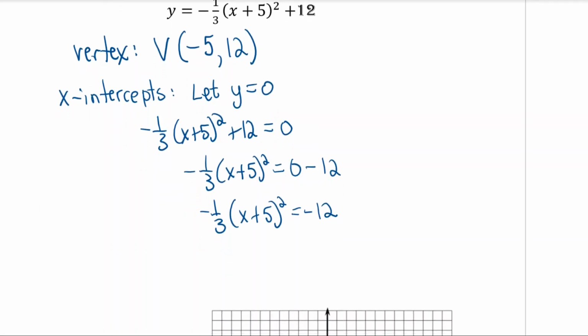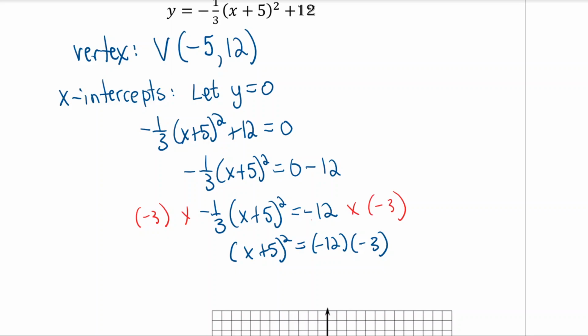Now we need to bring this negative 1/3 to the other side. So what we can do is actually multiply both sides by negative 3, and we end up getting (x plus 5) squared equals negative 12 times negative 3. If you imagine I went times negative 3 on both sides, you can see how the negative cancels out with this negative, and this 3 cancels out with this 3.